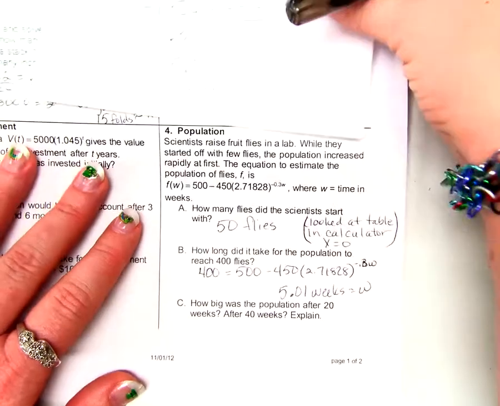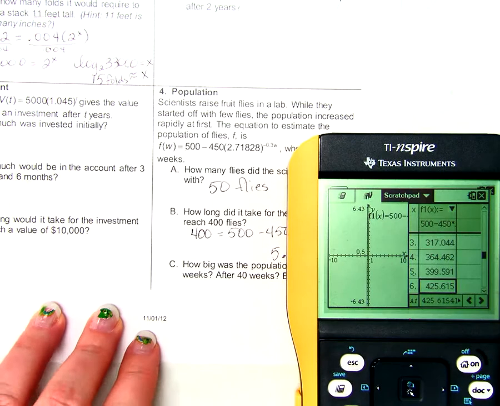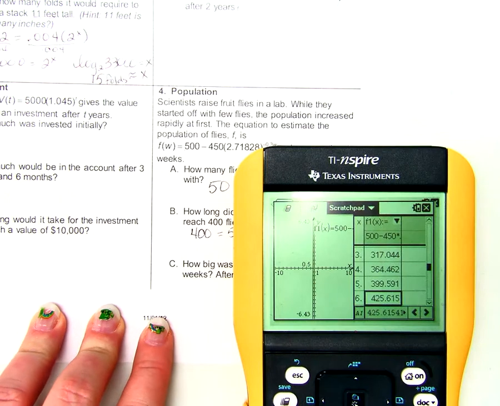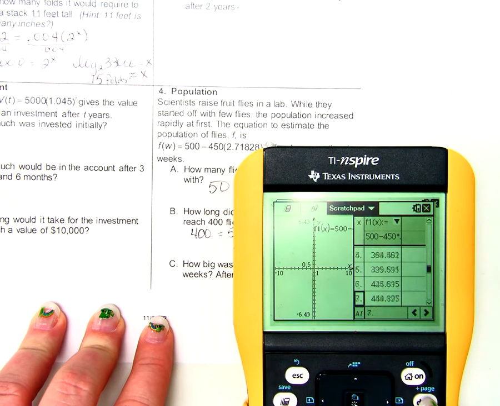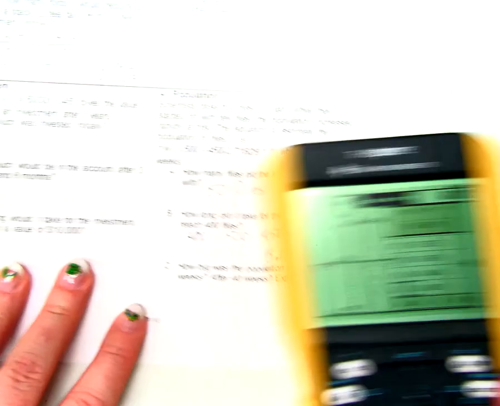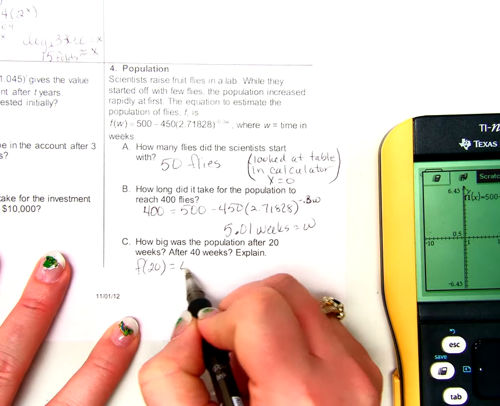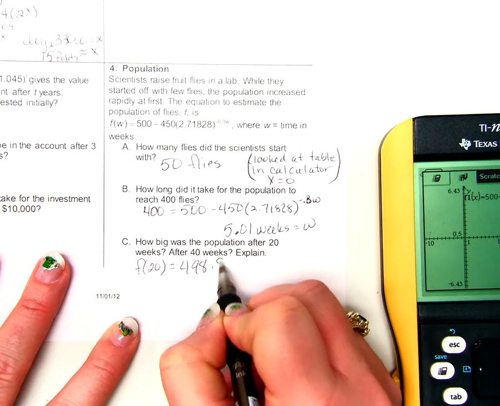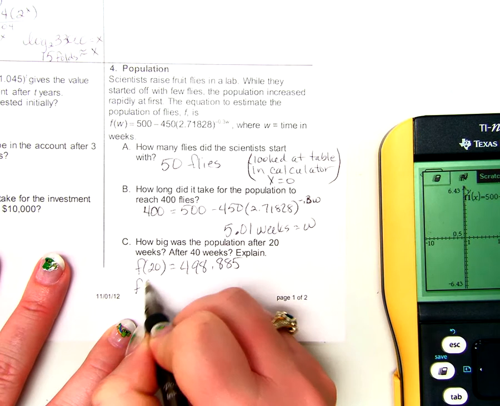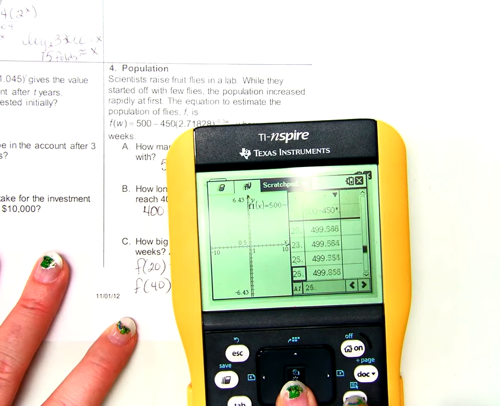Okay? How big was the population after 20 weeks and after 40 weeks? Well, weeks is W. Okay? So this would be a great time to use the technology we have at our disposal to scroll down to 20. So f of 20 was 498.885. We also need f of 40. Scrolling.